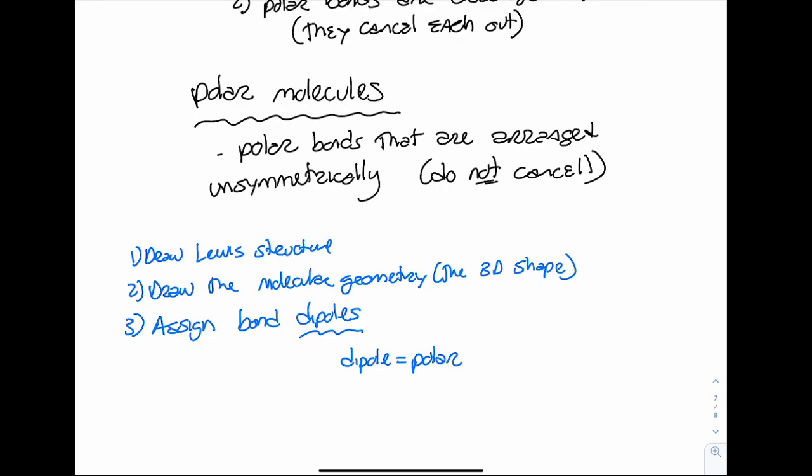So when I say assign bond dipoles, what I'm really saying is assign polar bonds. So use delta notation, find out the partial positives, partial negatives, add your arrows. Let's actually add to that: assign polar bonds using delta notation.